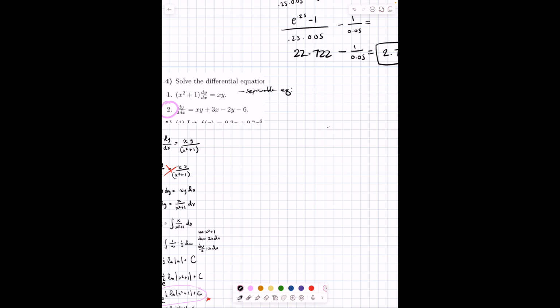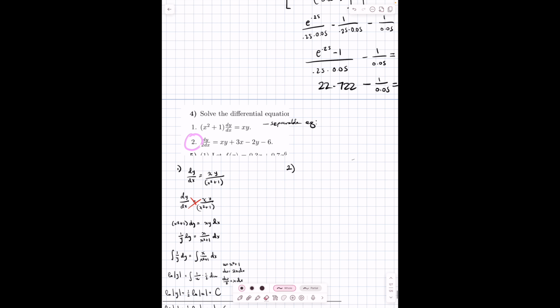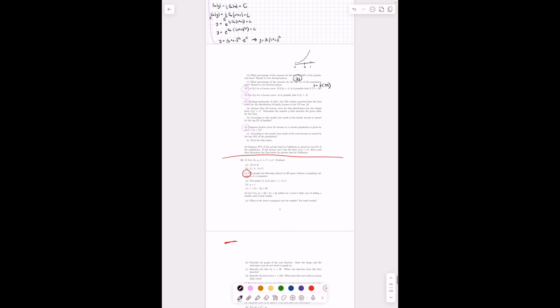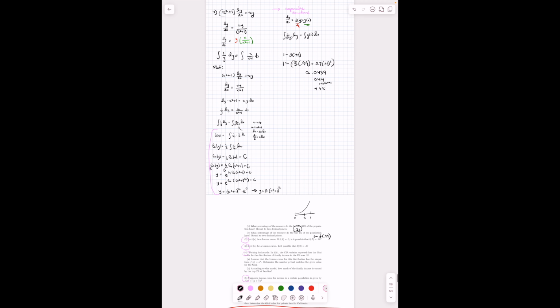Okay, now let's solve the second one. The second one is not obvious. Actually, let me see. Let me double check that I have the problem correctly.